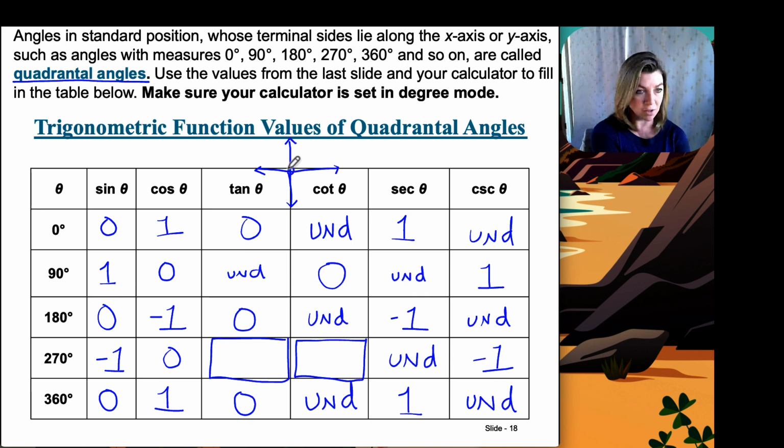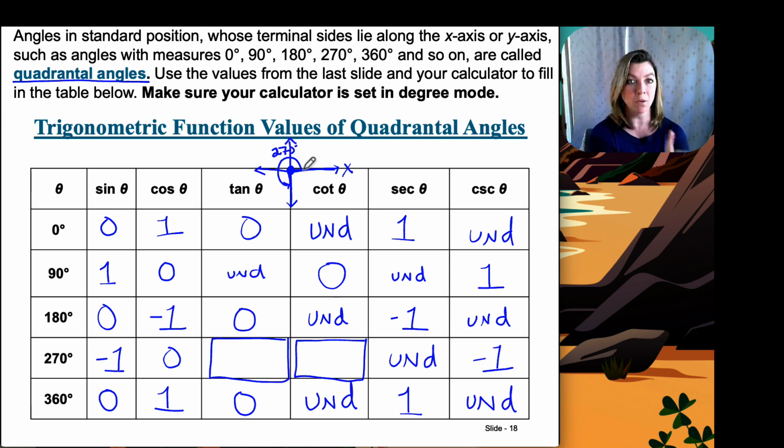Standard position, so vertex, initial side is here along the positive x-axis. Terminal side rotates 90, 180, 270. So it stops here at 270 degrees, which is on the y-axis.